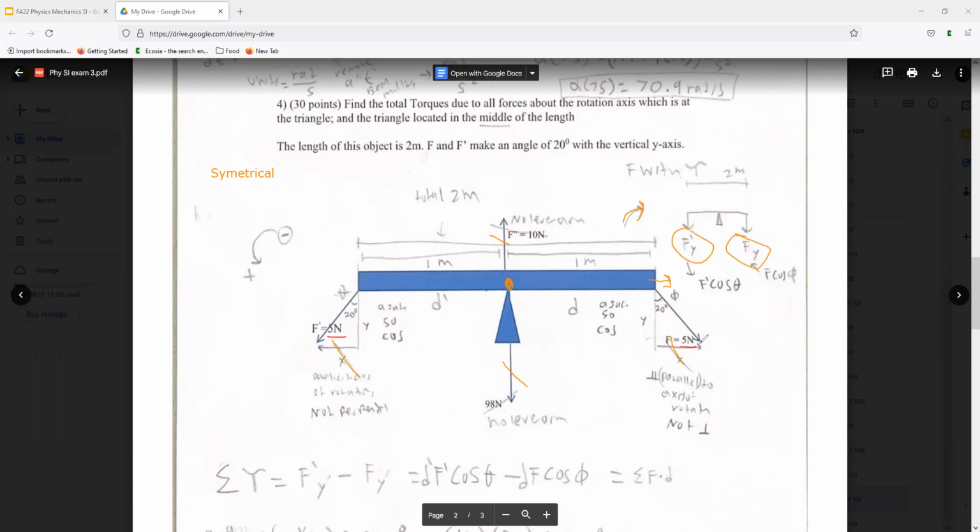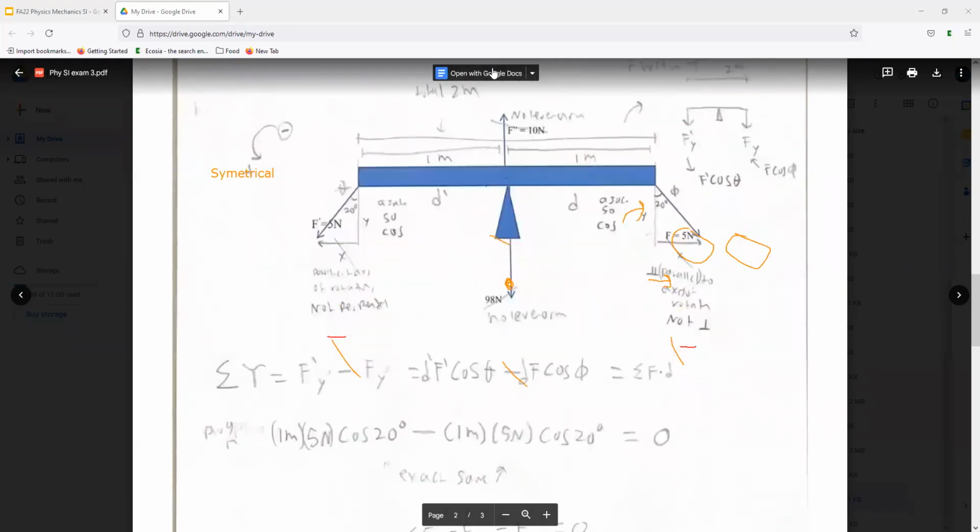And then because they're the exact same value, you just set the torques equal to each other.